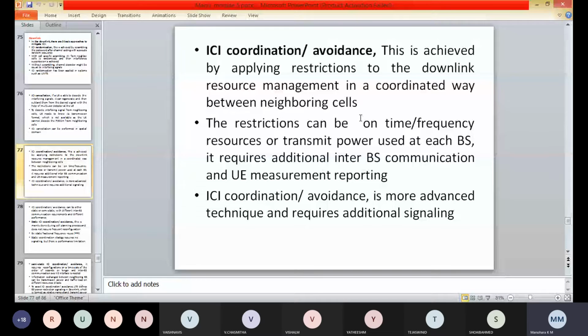Moving on to the semi-static ICI coordination. Semi-static coordination typically requires reconfiguration on a time scale of the order of seconds or longer, and inter E node B communication over the X2 interface is needed.